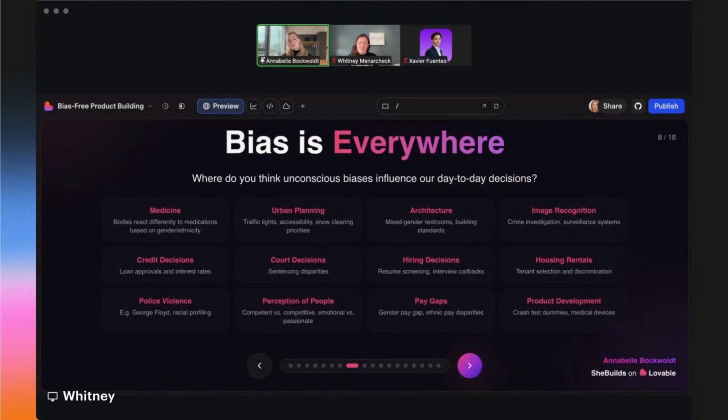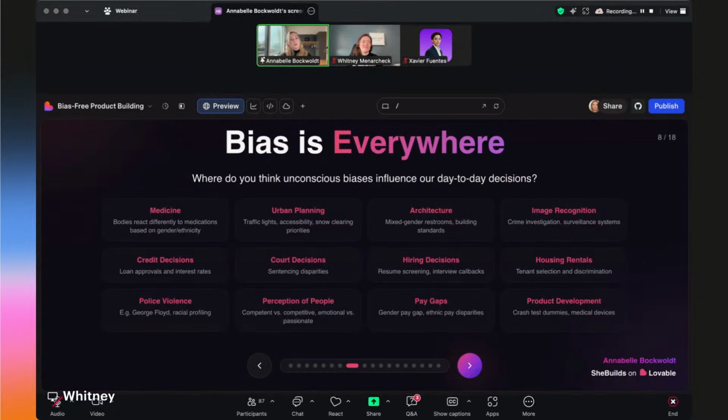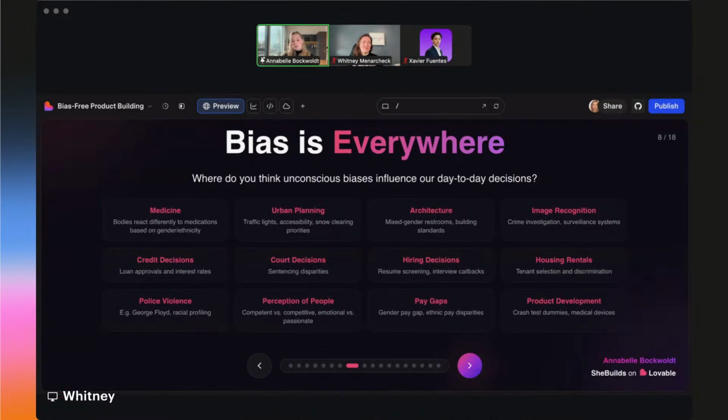So one example is crash test dummies. Women have, I think, a 76% higher risk of getting injured in car accidents because crash test dummies, which were in use for a very long time, were calibrated to, I think, 45 kilograms, I'm not sure what it is in pounds, maybe 90 pounds, the body of what they thought would be the average female.